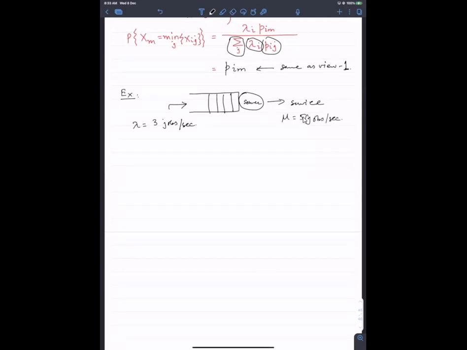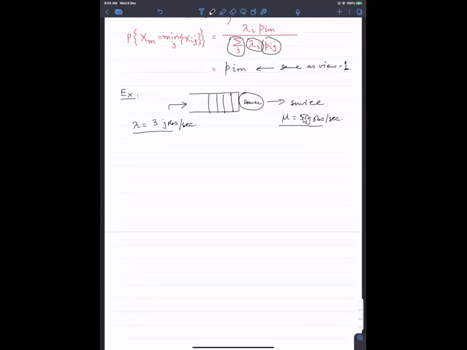You can well imagine that if mu is smaller than or equal to lambda, then the queue will increase indefinitely. We did this in the discrete-time case, and maybe the continuous-time case.